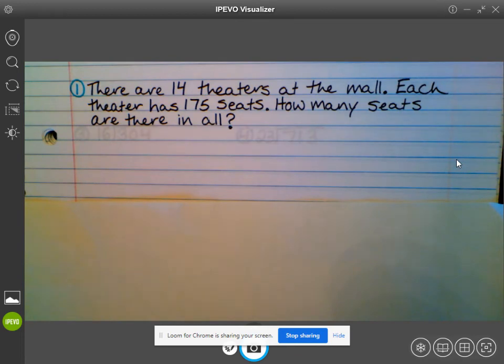The second sentence is, each theater has 175 seats. Our final sentence. How many seats are there in all? So a question mark. Put a thumbs up when you've got this written down.